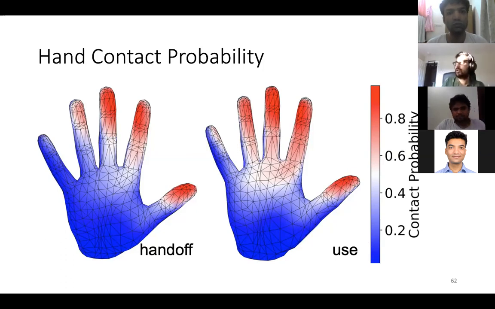Yeah, that's a good question. At some point you need to make different compromises for different kinds of data that you want to capture. Here we wanted to capture contact, which was very important for us, and for that it was important to use 3D printed objects and not real objects.